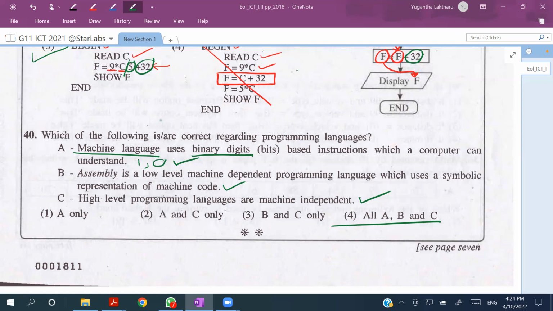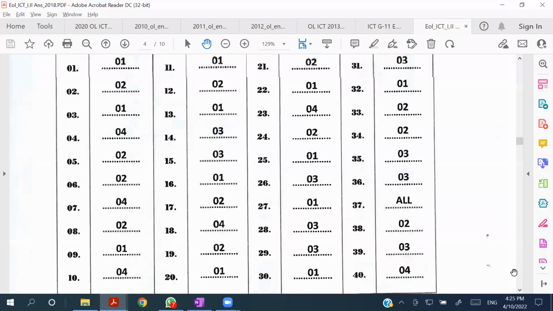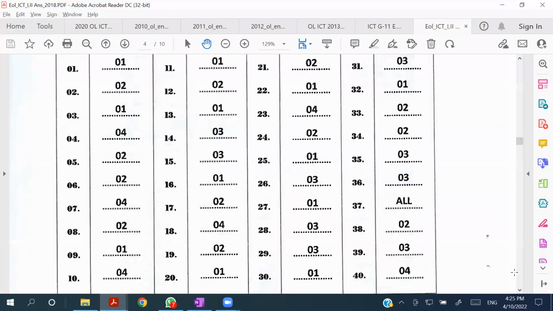Okay, so people, we are done with the 40 questions. So see how much you got out of 40 and let me know as well. Very good mark. In case you want any particular answer, I'll show you the marking scheme now, so you can go through it.